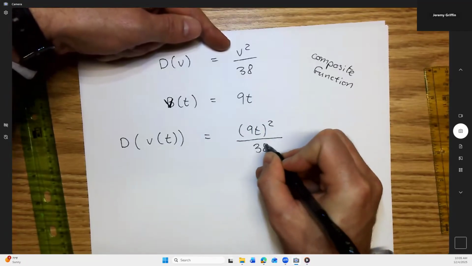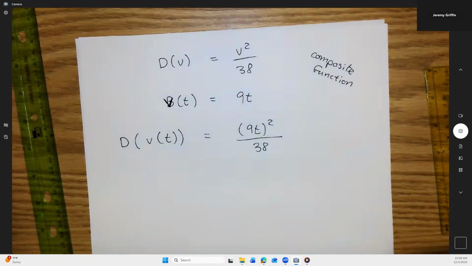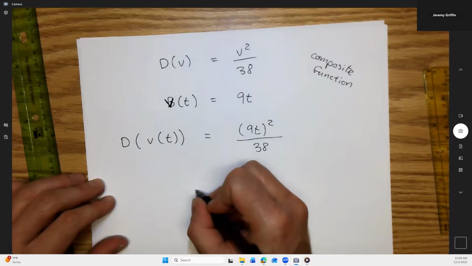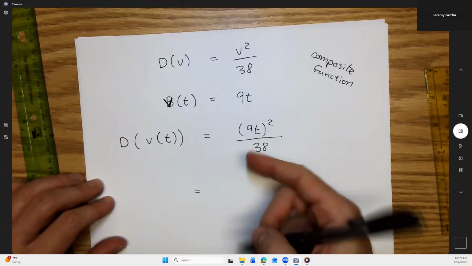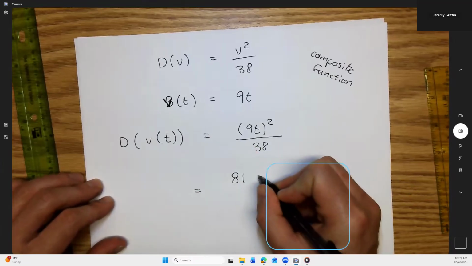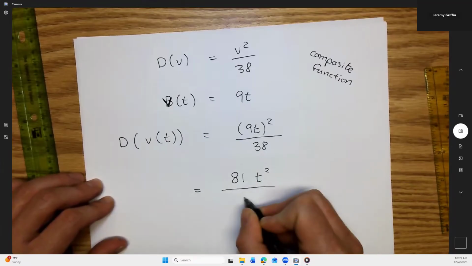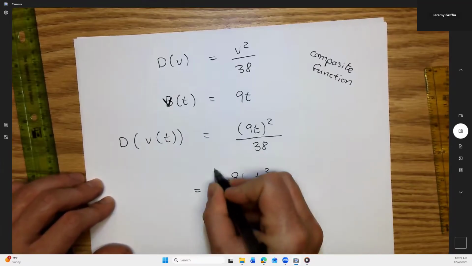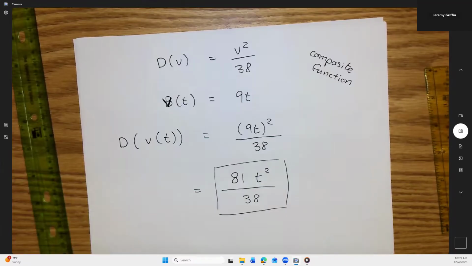I'm still dividing by 38. Is that okay? Yes. Because now the numerator is 81t squared. The denominator is still 38. That's the answer. That's the whole thing. Composite function. That's it.